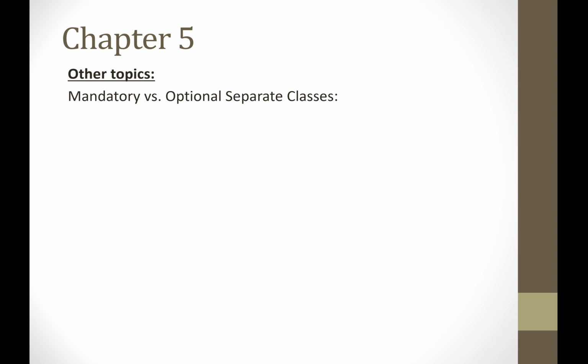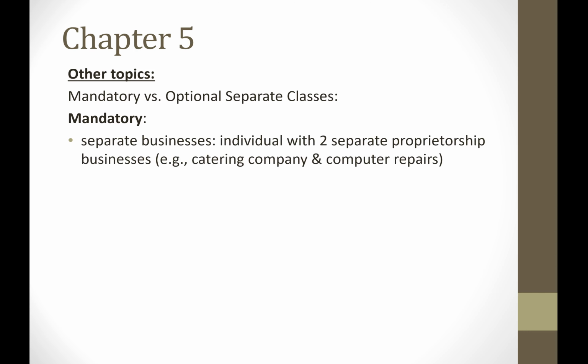There's a section about mandatory versus optional separate classes, and mandatory means that in certain situations you have to have separate classes. If you operate two different sole proprietorships, then you've got to separate those assets into different classes.